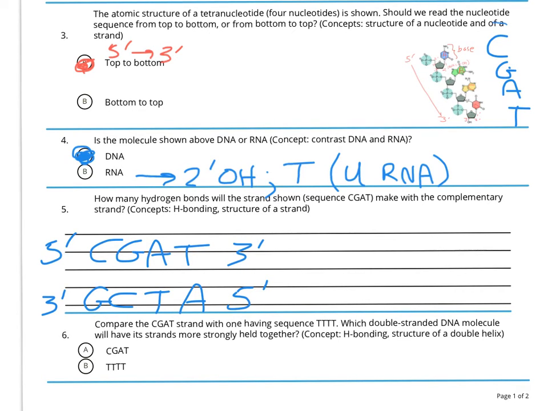So this question is asking how many hydrogen bonds will be made between the strand that's shown and the antiparallel strand. G's and C's each make 3 hydrogen bonds with each other, and A's and T's each make 2. So if we total those, there are 10 hydrogen bonds between these 2 strands of DNA.